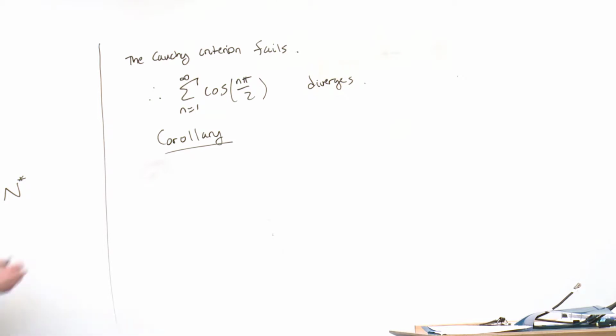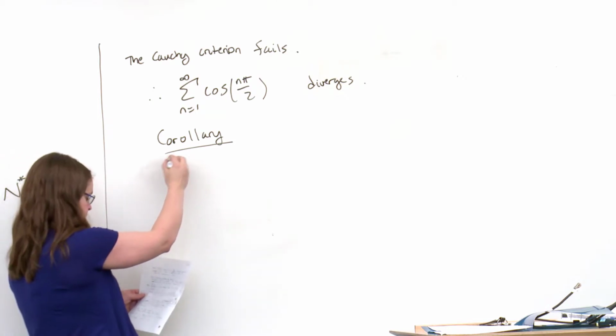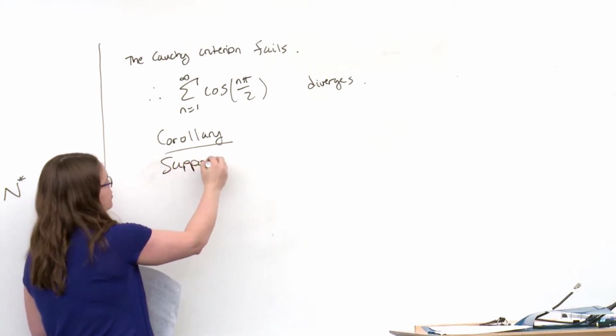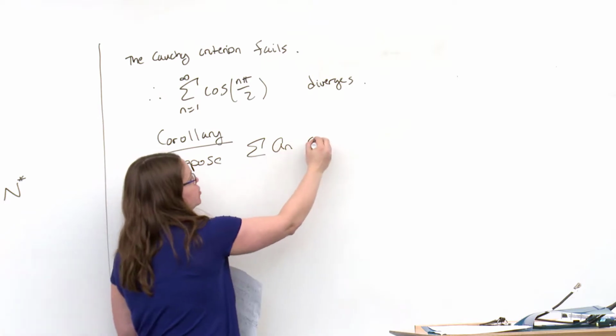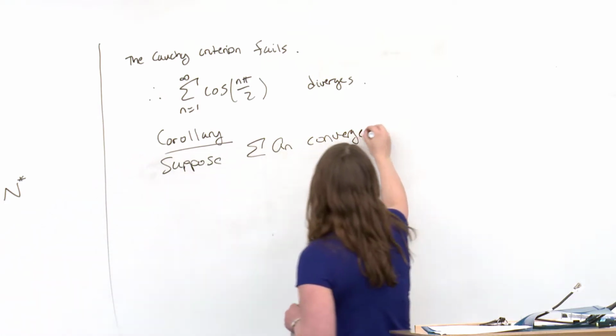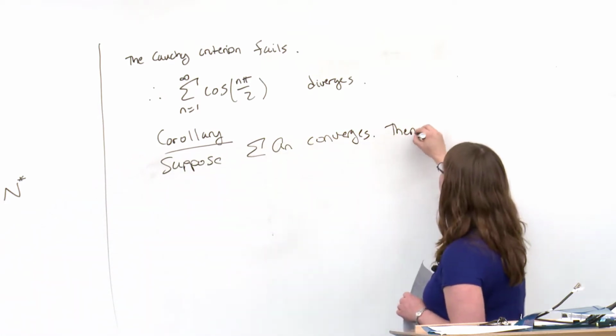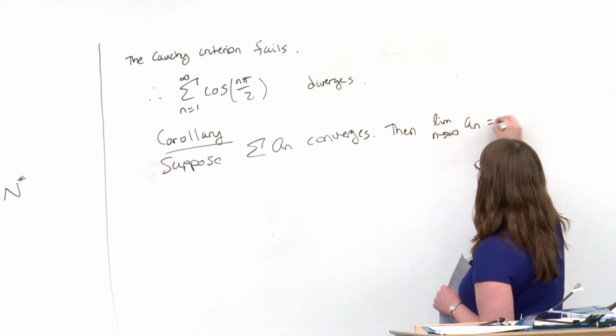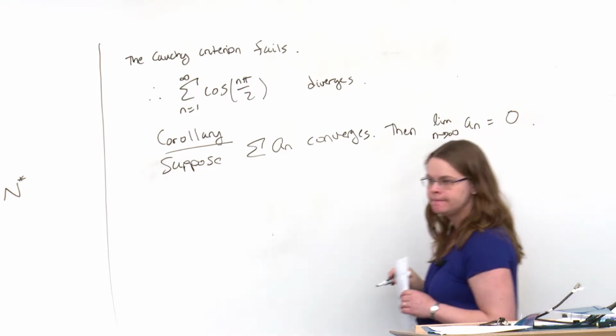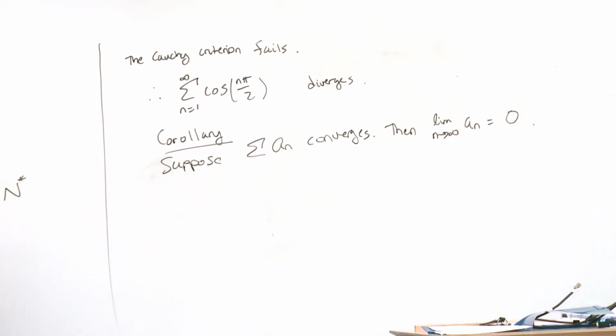So if we happen to have, I'll write it like this. Suppose that this series converges. Then automatically we know that the limit as n goes to infinity of these terms has to go to 0. If they don't go to 0, if we have terms that keep trying to get big again, then we can always do this and break convergence.